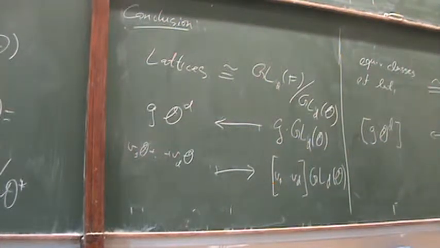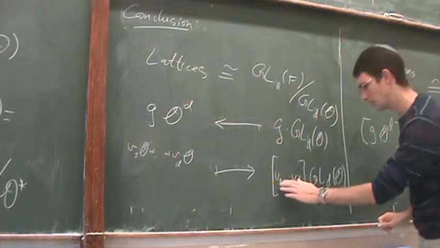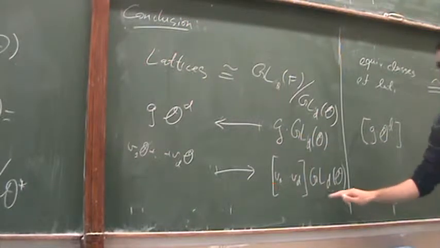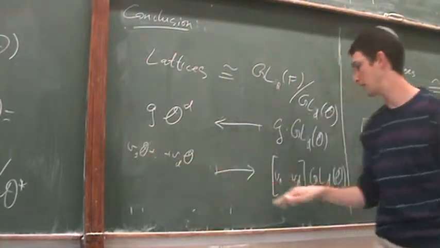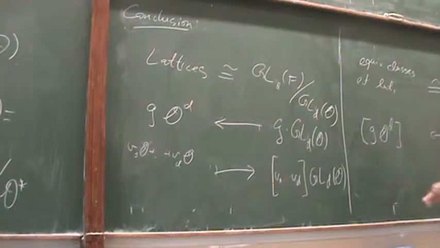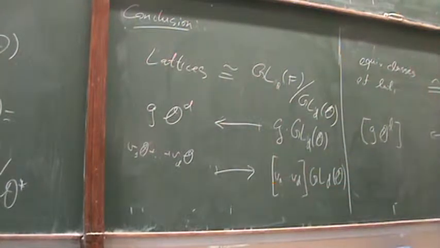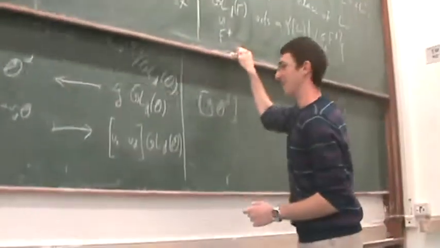Hope I'm not mistaken here. Hopefully not. So you just pick your favorite basis and take the matrix. That's the correspondence. And then the other way around, you take the matrix and apply it to the standard basis. And the same here. Okay.